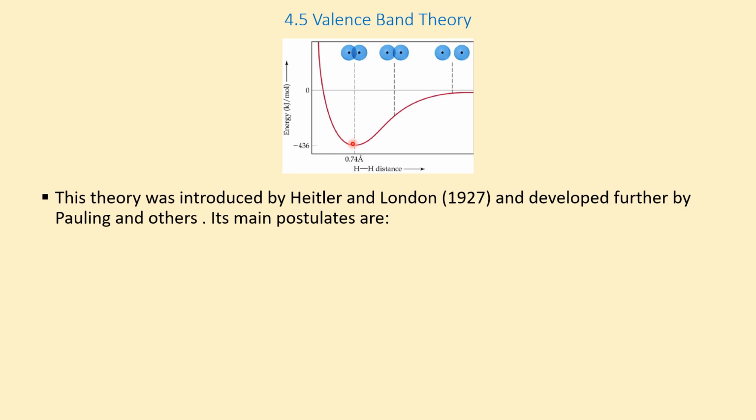The energy so released is called bond enthalpy, which corresponds to the minimum in the curve shown in the figure. About 436 kilojoules of energy is required to dissociate 1 mole of hydrogen molecules.